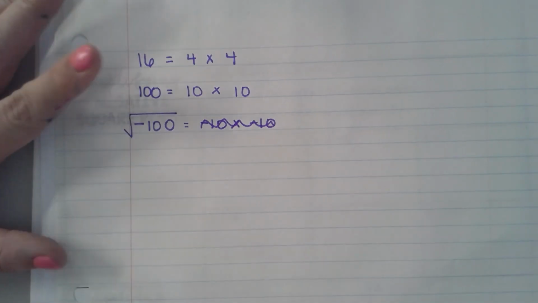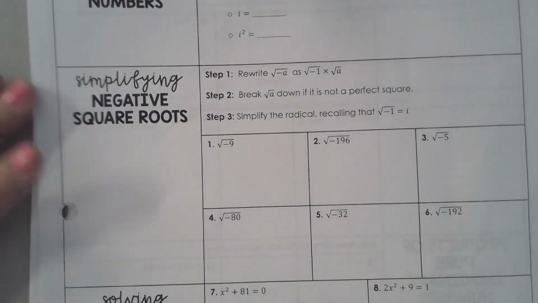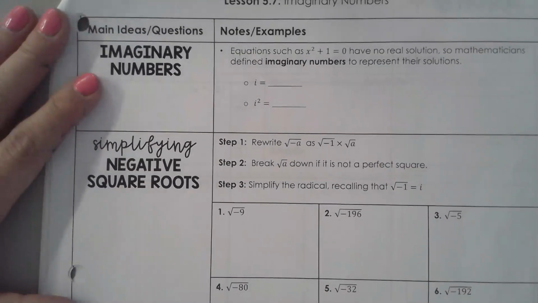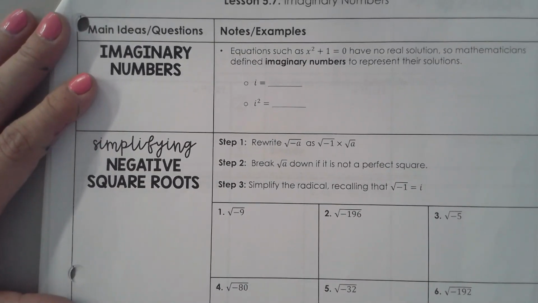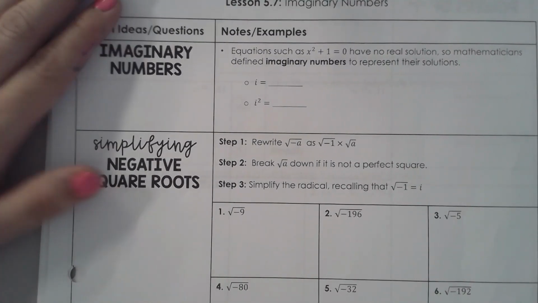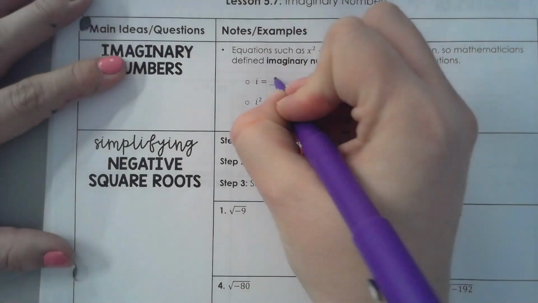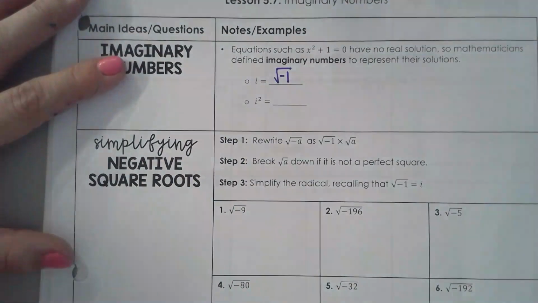So that's where imaginary numbers come in. One thing you definitely need to know, you've got to memorize this, kind of like pi, 3.14 and so on: i is the square root of negative 1.